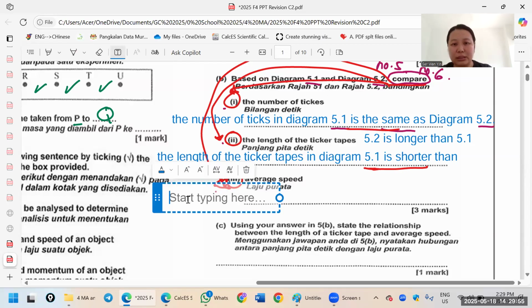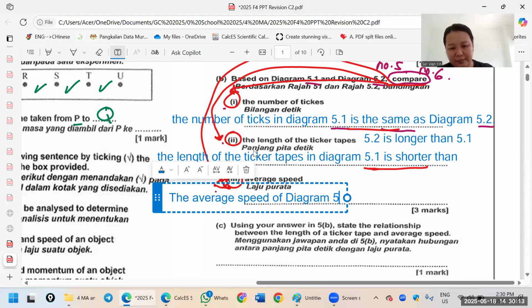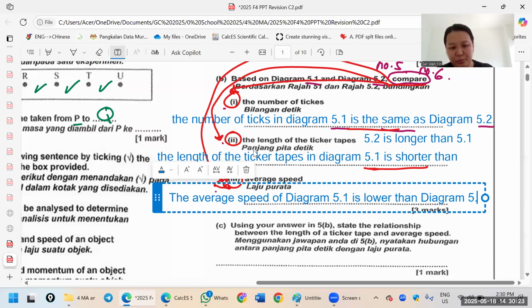Then now the average speed, I believe you all know same time but longer distance means faster. So we say the average speed of diagram 5.1 is lower or lesser than in diagram 5.2.